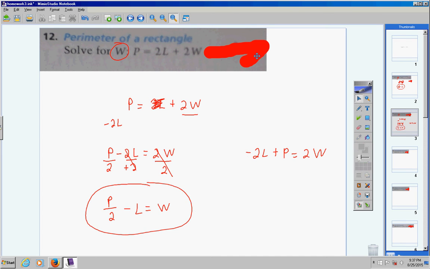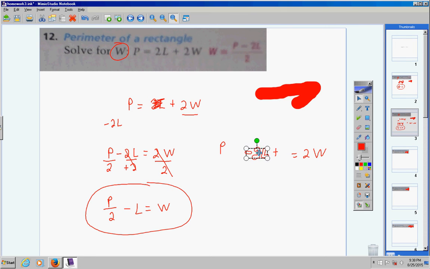Look at the answer in the back of the book they would give you. They just said this. Here's what they did.